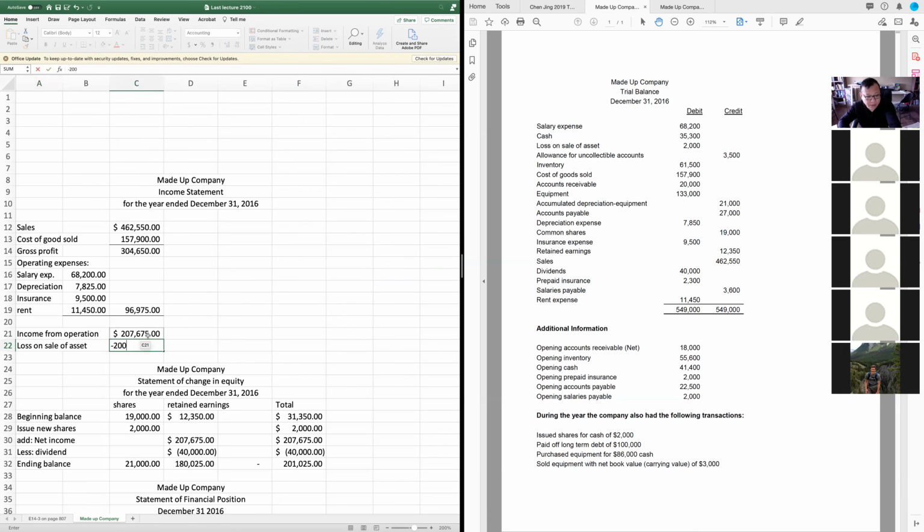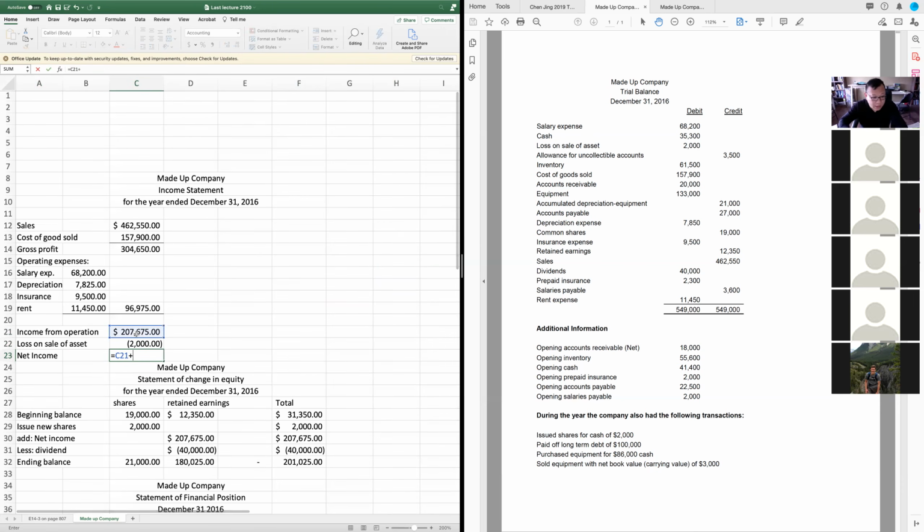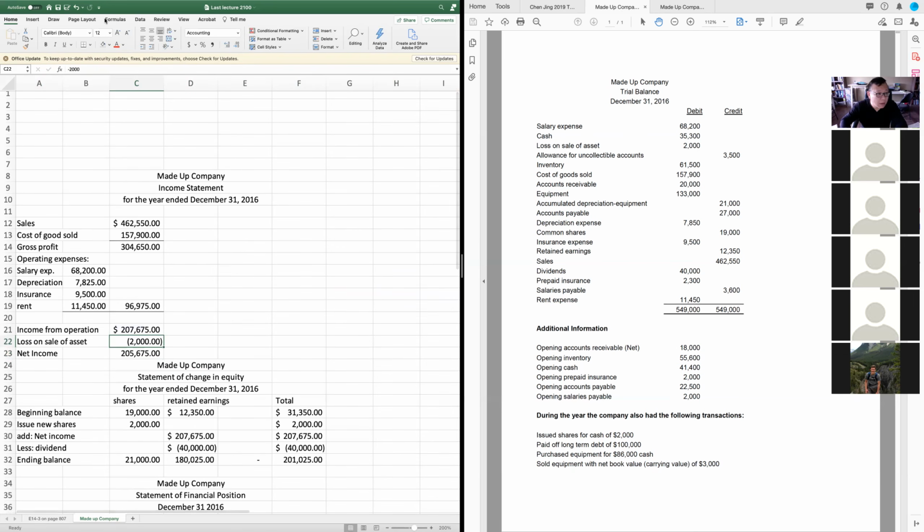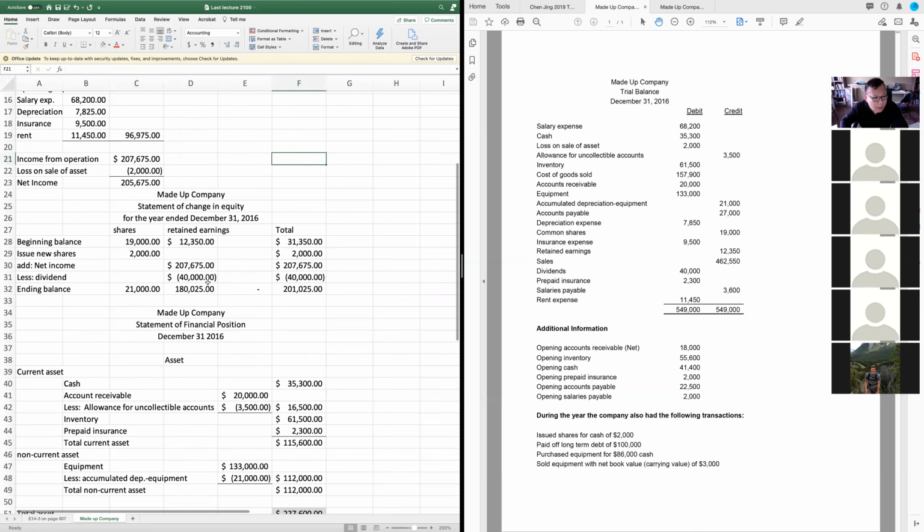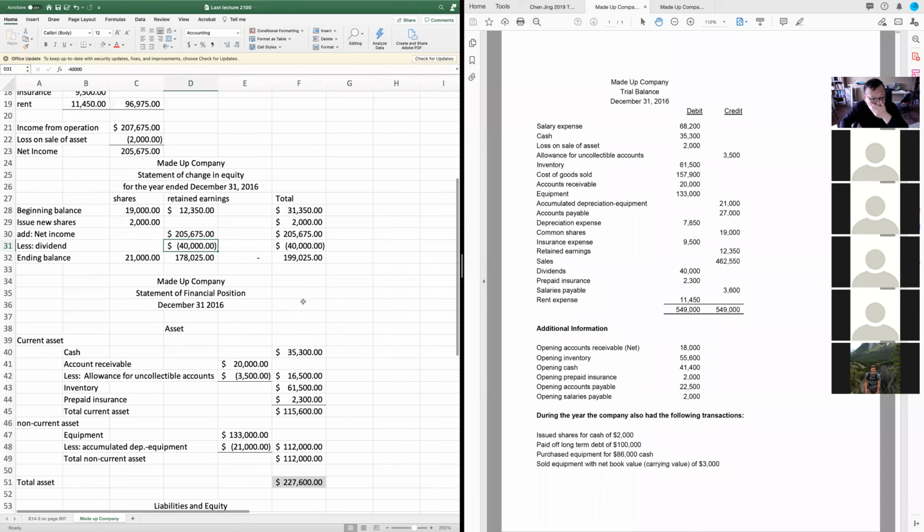So that's 2,000. So now I have my net income equals this plus this one. Okay, so is that the net income? Yes, that's the net income.